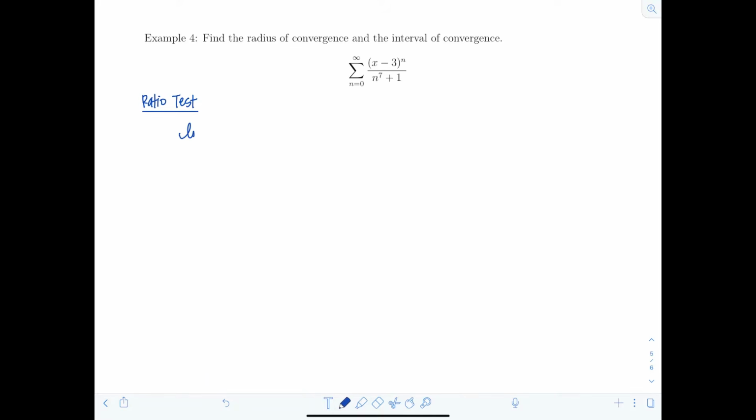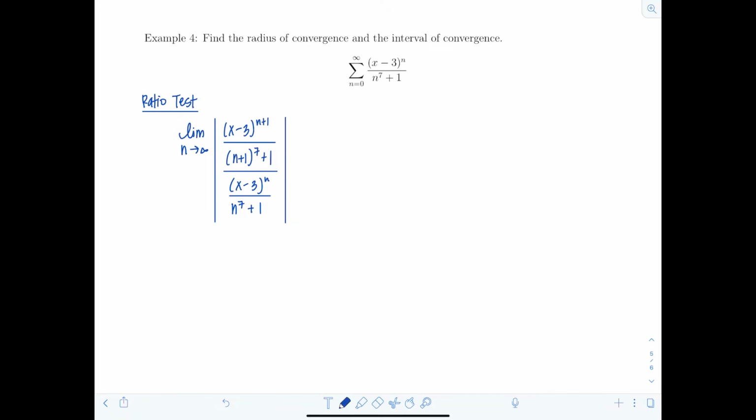So we have the limit as n approaches infinity of the absolute value of x minus 3 to the n plus 1 over n plus 1 to the 7th plus 1, over x minus 3 to the n over n to the 7th plus 1.